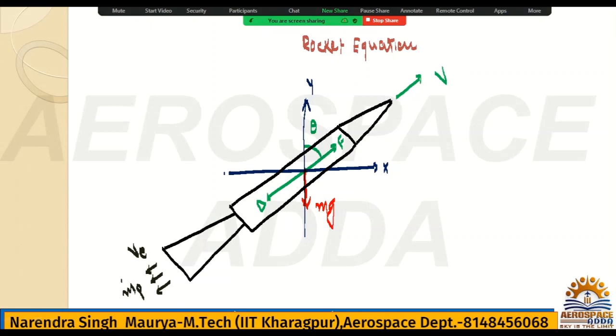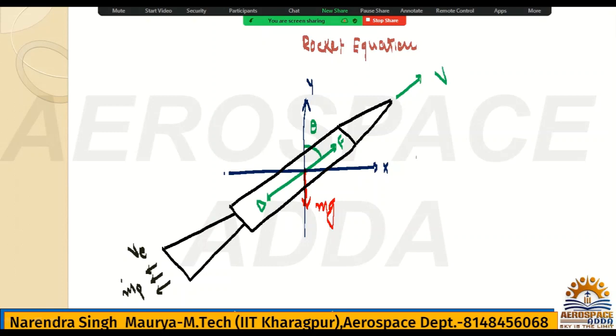As per Newton's second law of motion, we know the forces here are thrust, drag basically, and gravitational weight. Whatever mass we have here is the instantaneous mass of the rocket, or instantaneous rocket mass. All right. So for this, we'll write the equation.